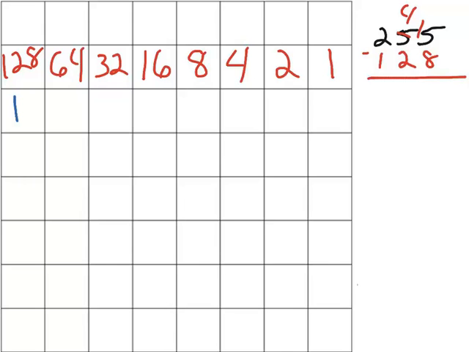And let me change my color. There we go. 15 minus 8 is a 7. 4 minus 2 is a 2. And 2 minus 1 is a 1. So I have 127. And I have to ask myself which one of my places comes close to 127 without going over it. And that's 64.